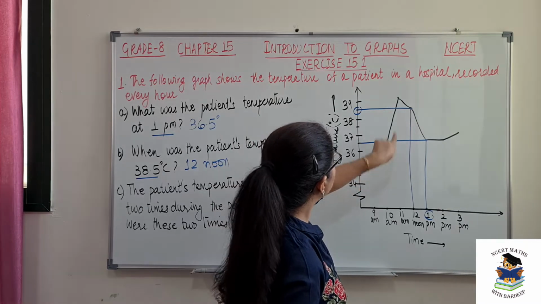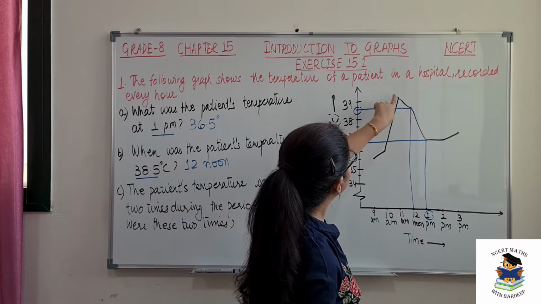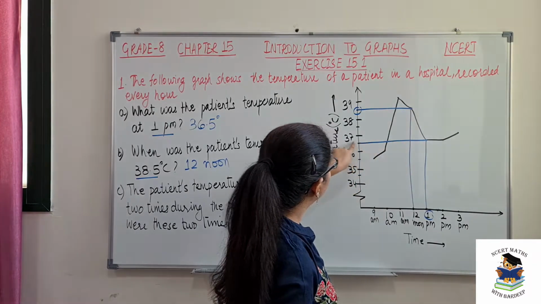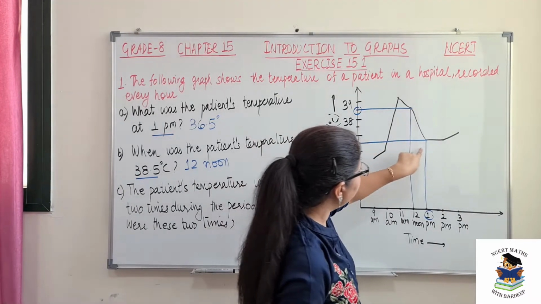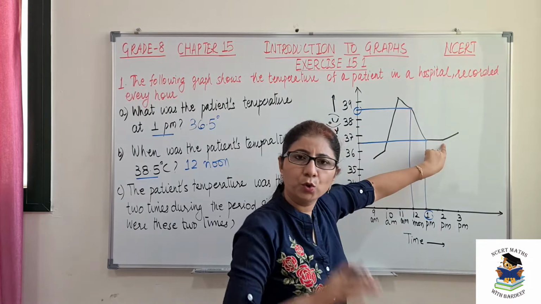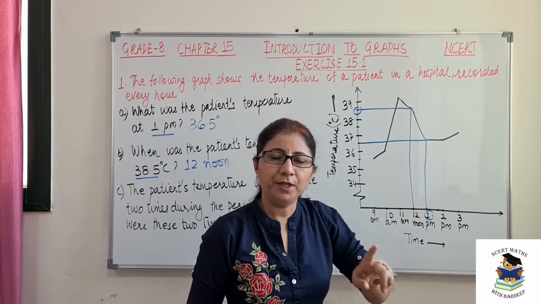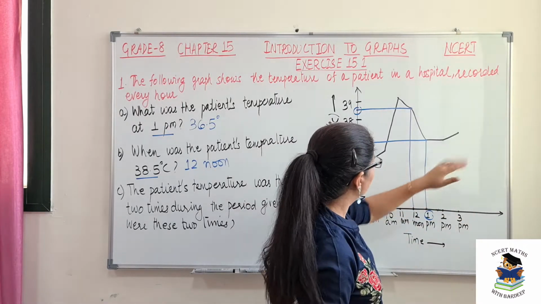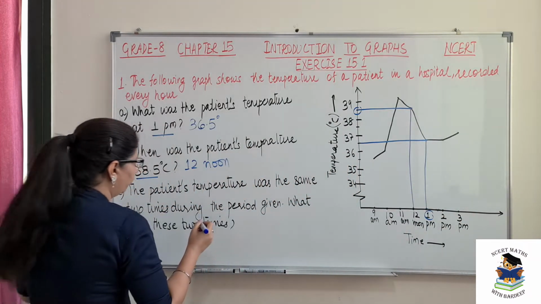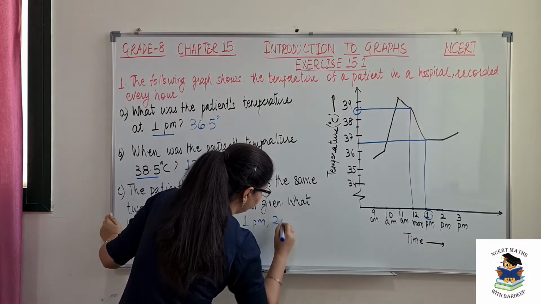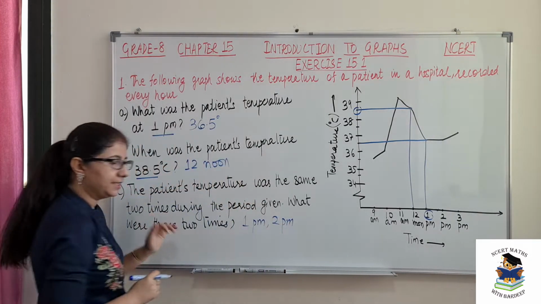Here it is 36, this is 39, 38.5. At 1 p.m. temperature is 36.5, and at 2 p.m. also same temperature. So these are the 2 timings when temperature is same. So we can write that 1 p.m. and 2 p.m. temperature is same.